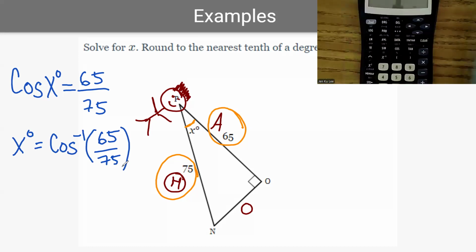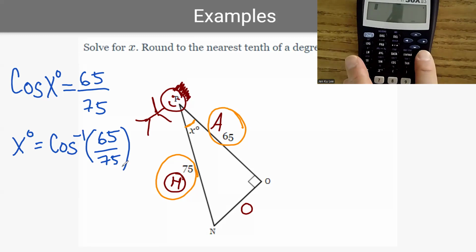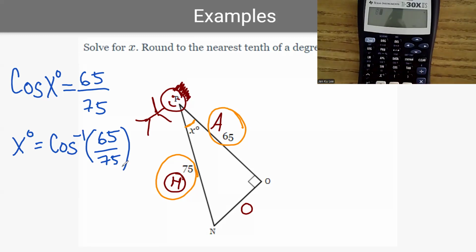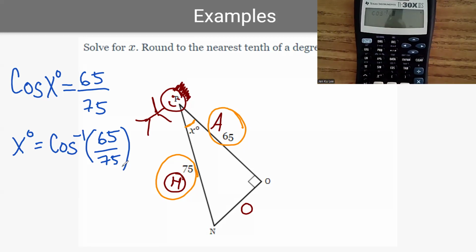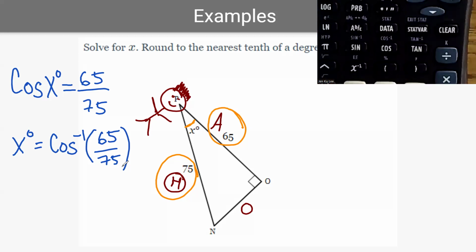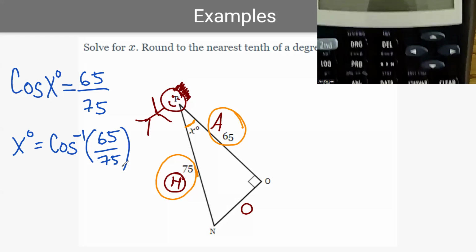So get your calculator. If you have a screen that types, you have to push second, cosine first. And you guys know that on a calculator, it's color coordinated. If you look above the sine, cosine, and tangent, they're all in blue.